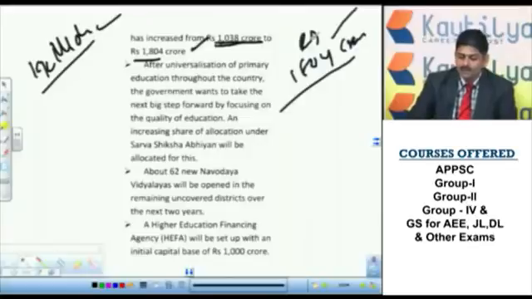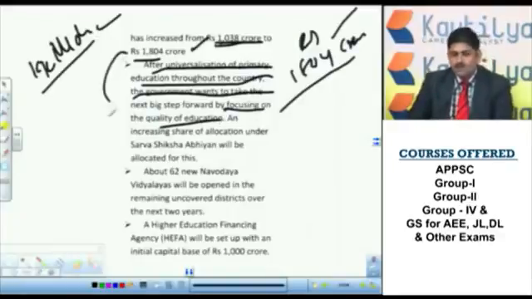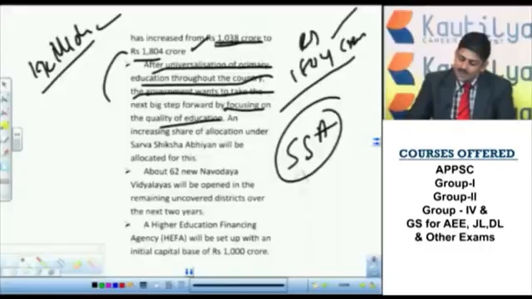Another important one. After universalization of primary education throughout the country, the government wants to take the next big step. What is the big step? Focusing on the quality of education. Actually, the universalization of primary education was done under Sarva Shiksha Abhiyan. It was started by the Atal Bihari Vajpayee government in 2000.